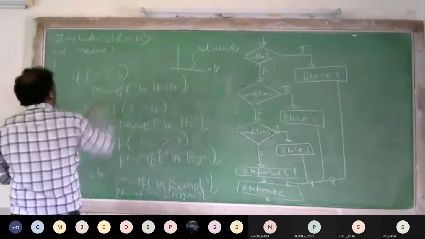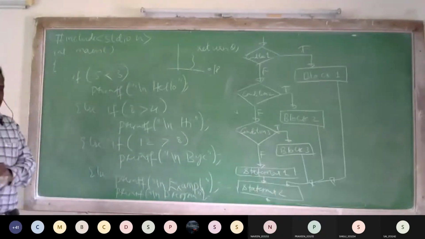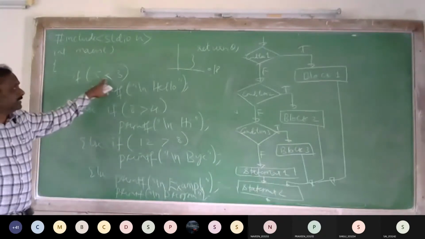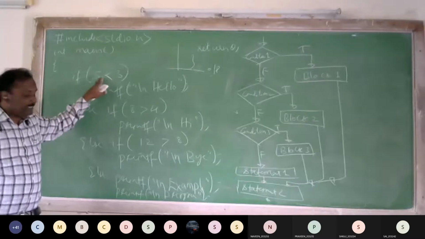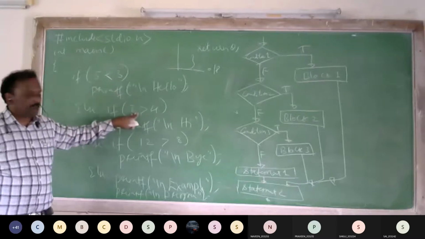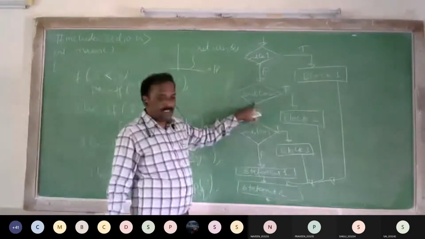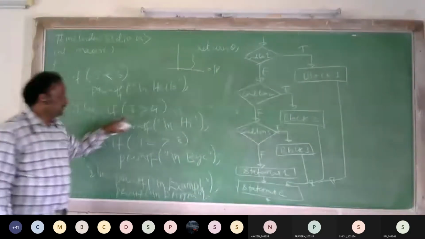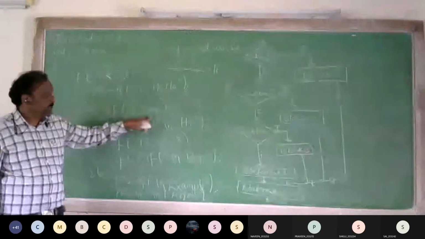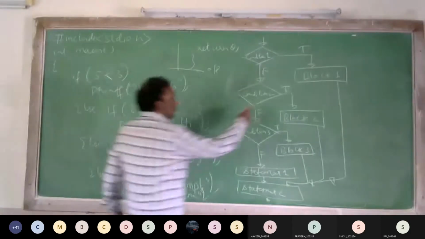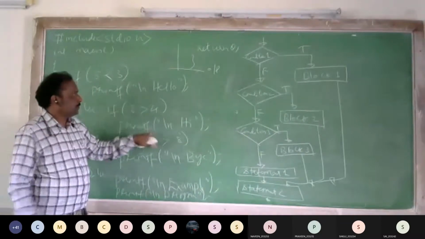Now I will change here. Now 5 is less than 3. This is condition 1. Is 5 less than 3? No. If it is false, then only it will test condition 2. Now condition 2, 8 greater than 4, is true. True means block 2, the set of statements, is executed.